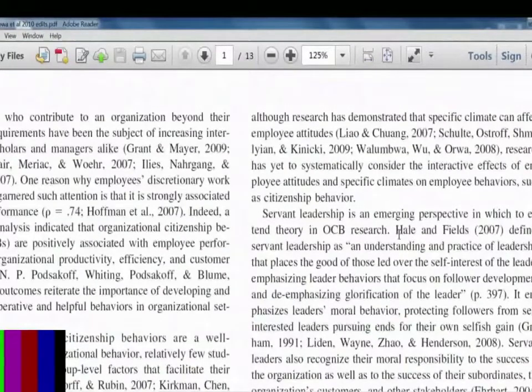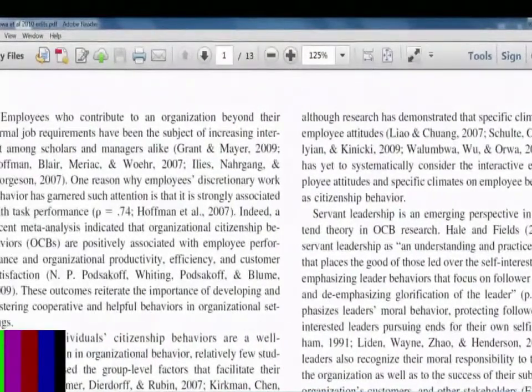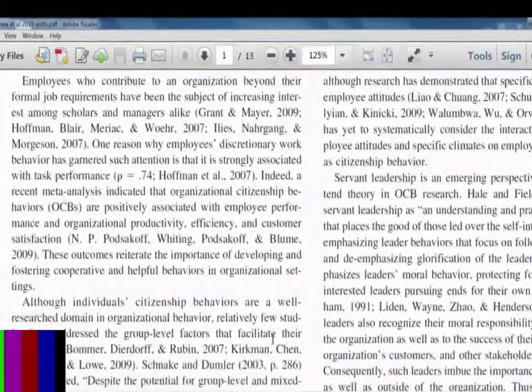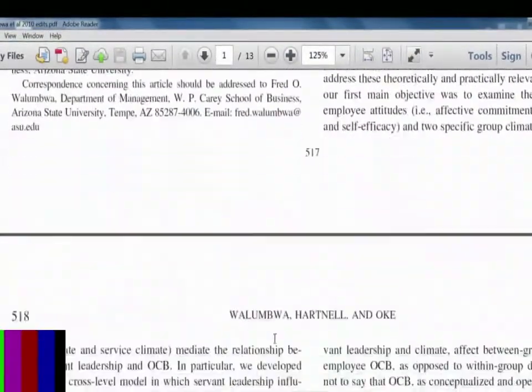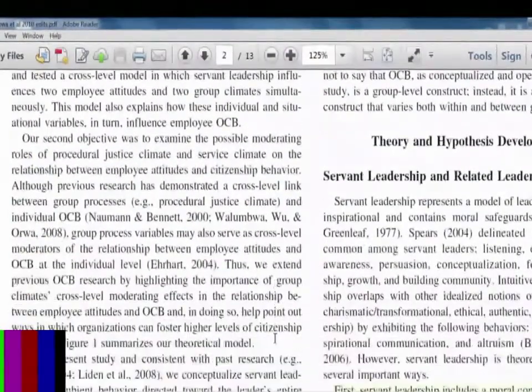Hale and Fields define servant leadership as an understanding and practice of leadership that places the good of those led over the self-interest of the leader, emphasizing leader behaviors that focus on follower development, and de-emphasizing glorification of the leader. So right away, they give us a definition of what we're talking about, this idea of servant leadership. All right, we go on a little bit further. That's just on page 1. On page 2 here, I think it's on page 2.